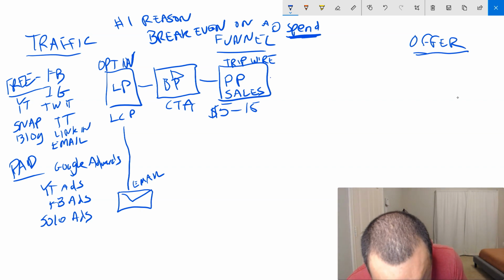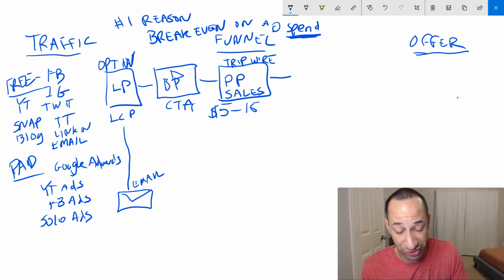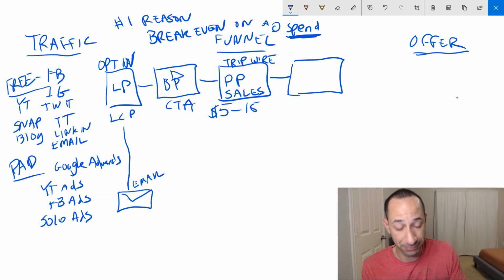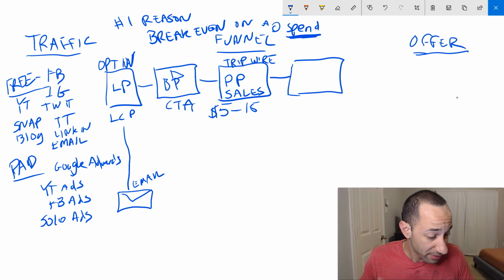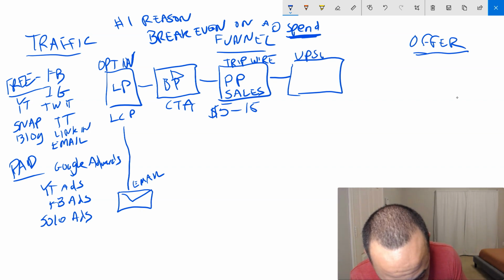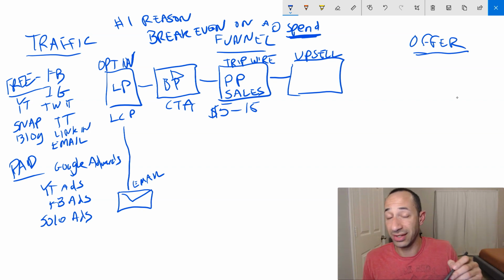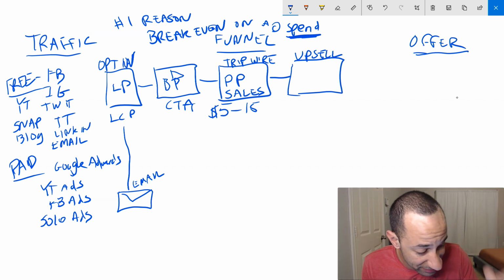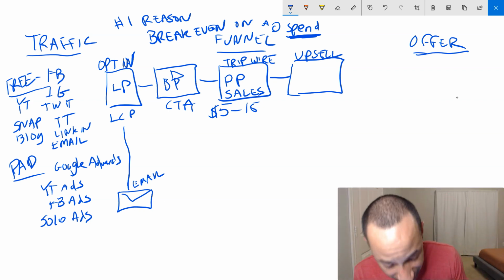So what typically happens is once they trigger the tripwire, a lot of times these high ticket programs, since they're already in the buying mood, they'll have an upsell, and that upsell may be an ebook or an additional course. They'll also give you a discount, right?